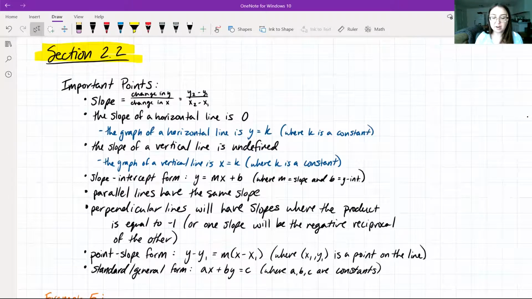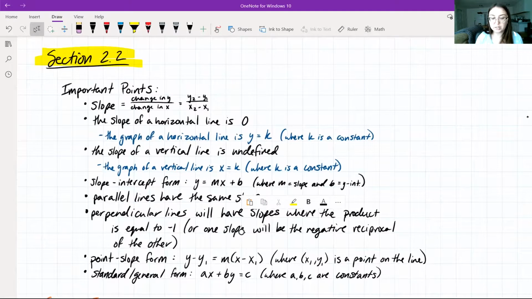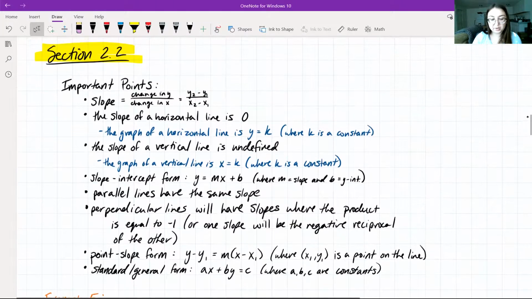All right, so moving on, we're going to talk about section 2.2 now. So if we're looking at section 2.2 here, we have a lot more important points than we did in section 2.1, with probably the most important point being how to calculate slope.